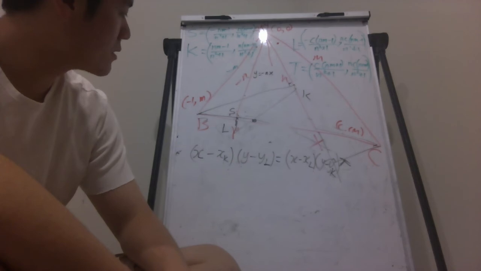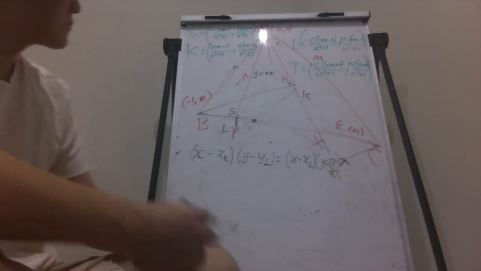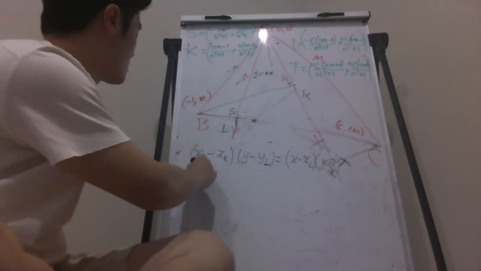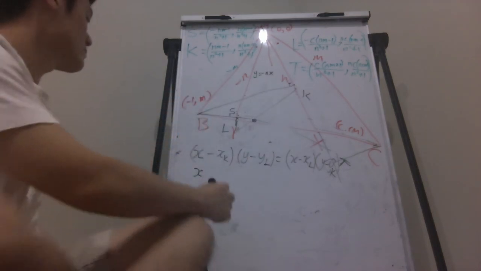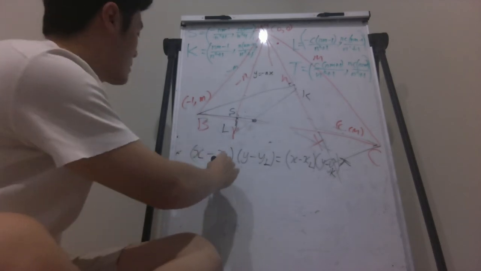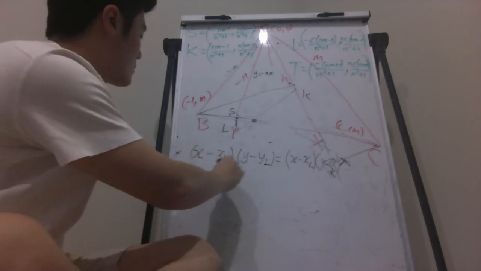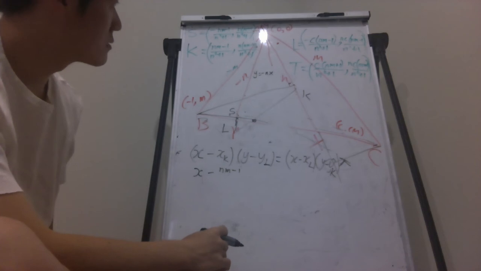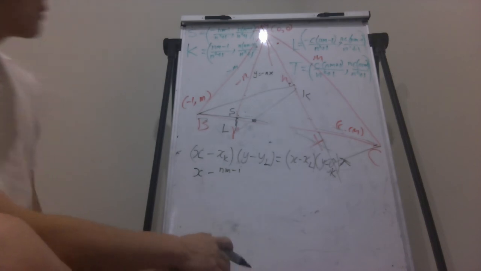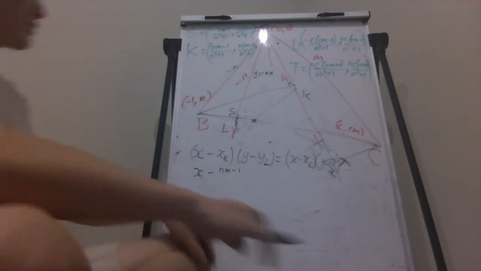Okay, now that we got the equation right, I'm going to try some things. So x minus nm minus 1. See, maybe we should learn from experience.